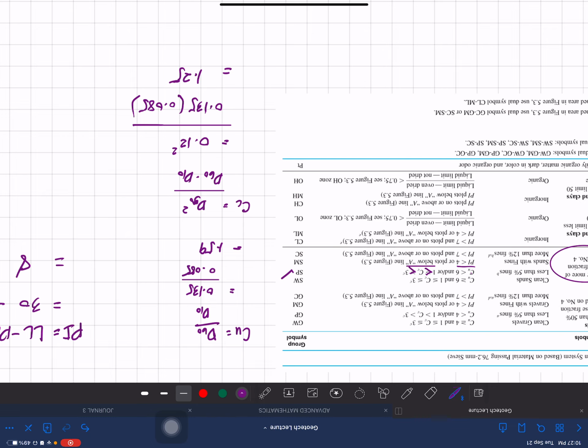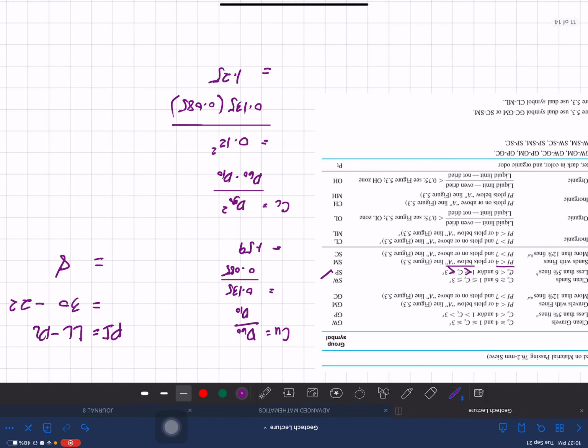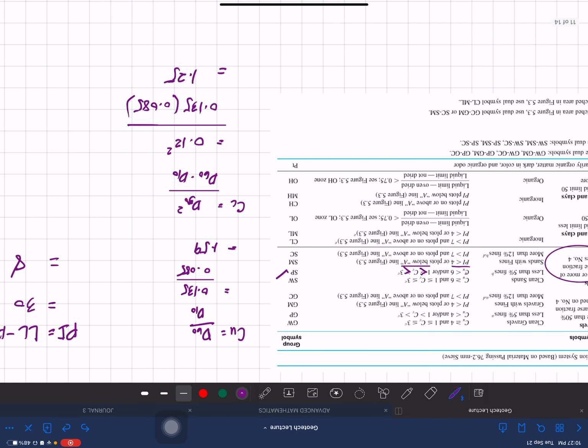Okay? Next, hindi pa dyan nagtatapos. We have to check the PI. Lahat yan, i-check mo guys. CU, CC, at saka PI. Sila, interrelated yung tatlo. So, the PI is 8. Saan siya magfo-fall? Sabi dito, PI is less than 4, so hindi na siya mag-fall dyan. How about PI is greater than 7? Mag-fall siya dyan, guys, because your PI is 8.